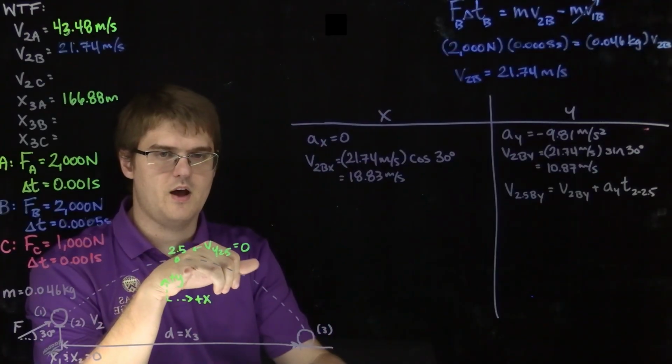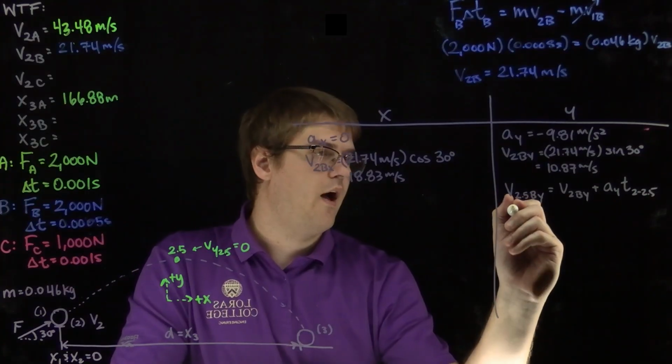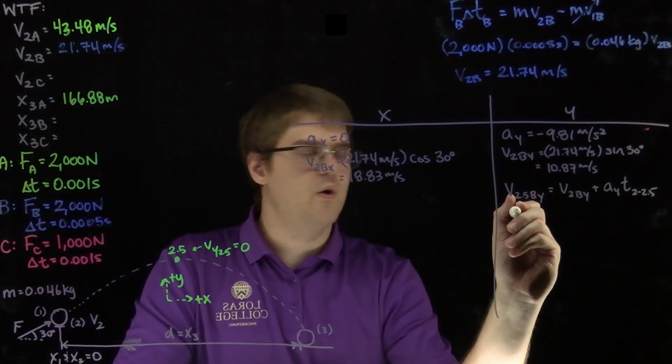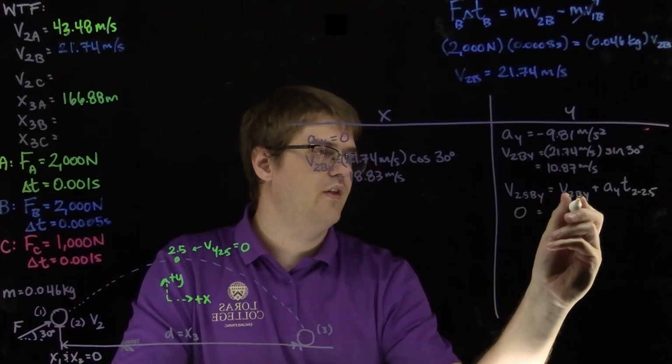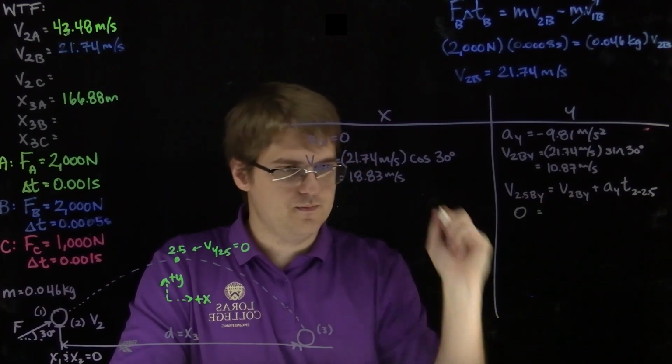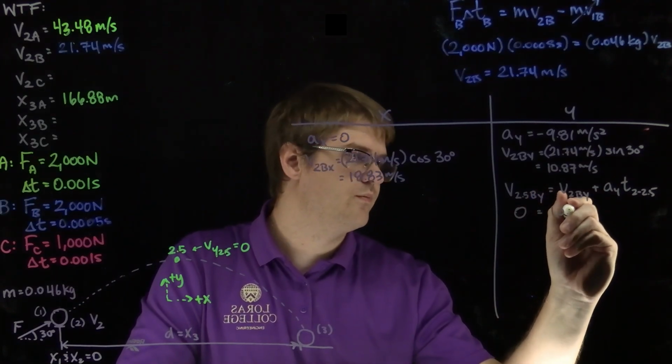Again, we're jumping to the top from here instead of going all the way to 3 because this top point by definition is 0, and this 2 at b in the y is that 10.87 that we had before.